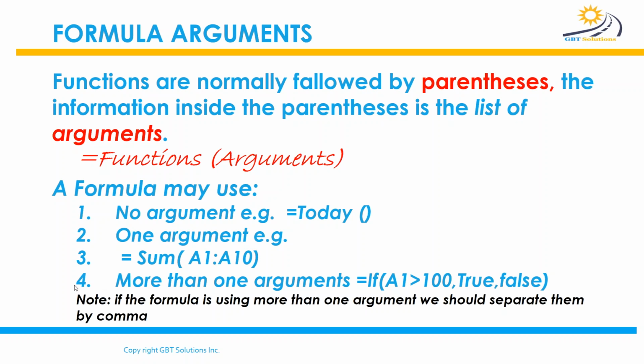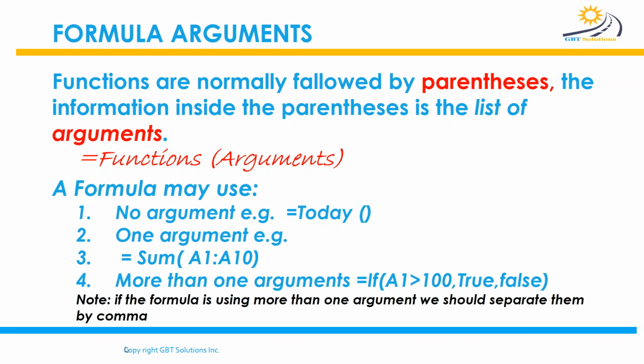Some formulas use more than one argument. Like IF A1 is greater than 100, this is one argument, a condition. Return true, otherwise false. So this formula has three arguments.